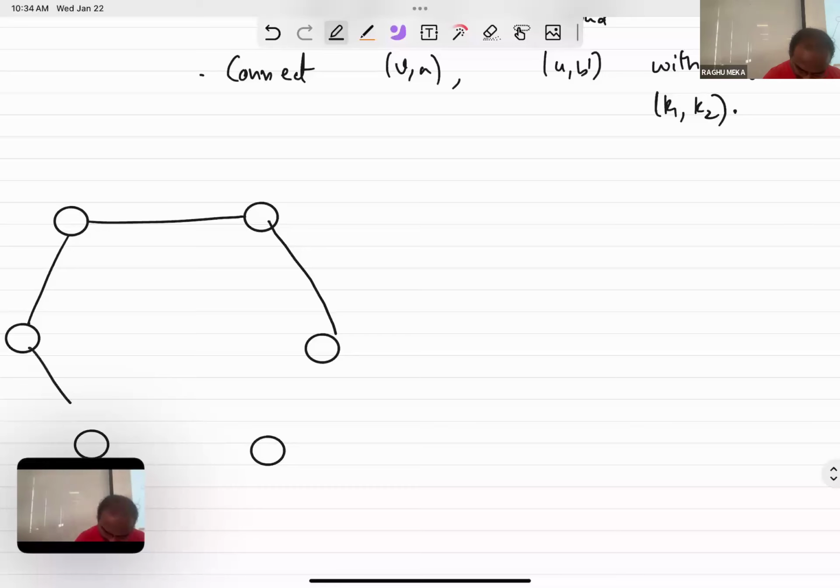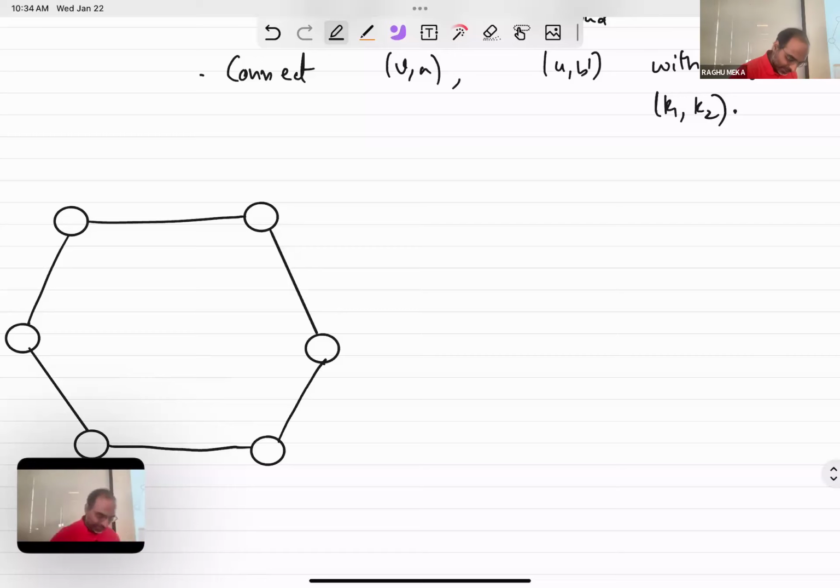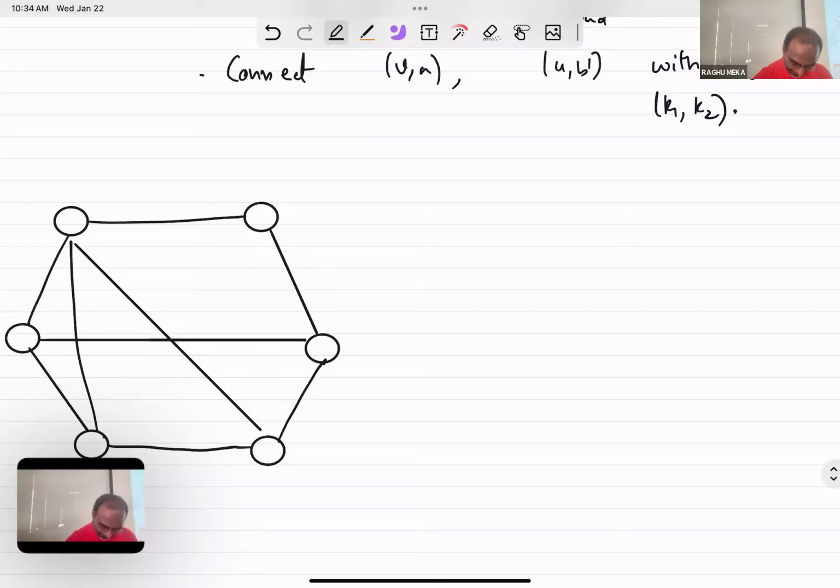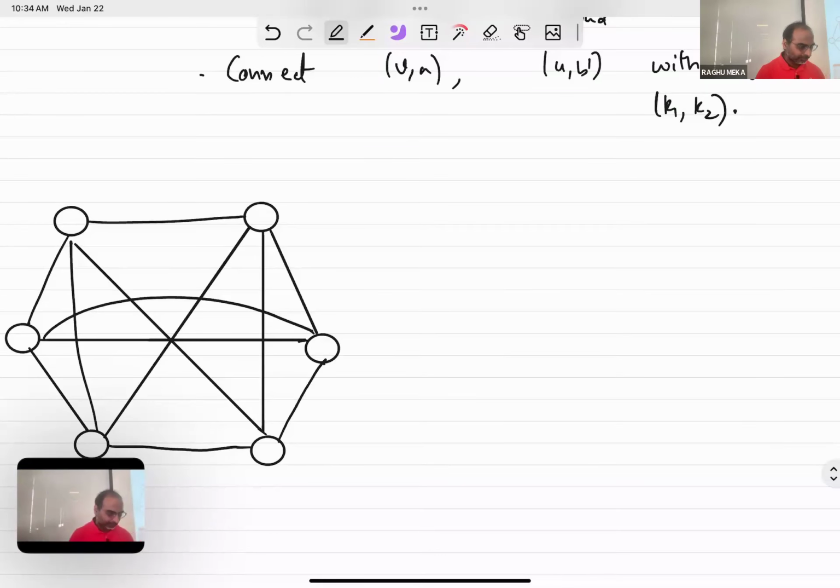So this is going to be our G. It's again going to be degree 4. So this is our graph. It's a multi-graph, but it doesn't matter. It's degree 4, and we need a consistent labeling for it.